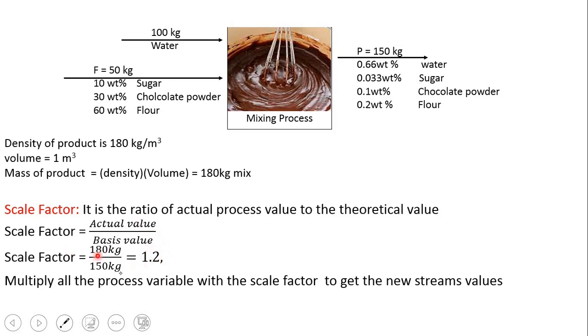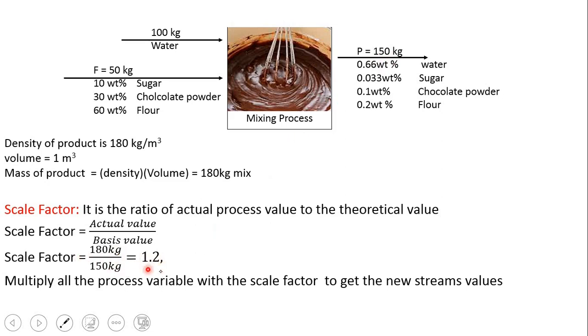The scale factor for this process, for example: the actual value that we have said we want the product to be is 180 kilogram. This is our actual value, and the basis which we use to solve the system is 150 kilogram.